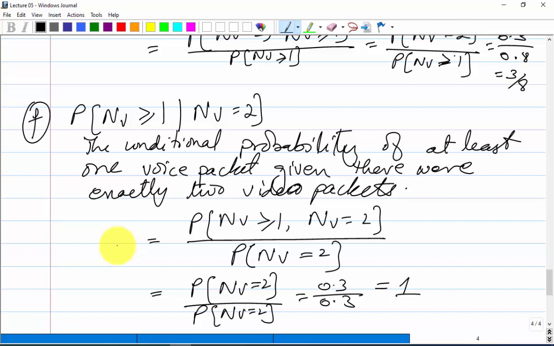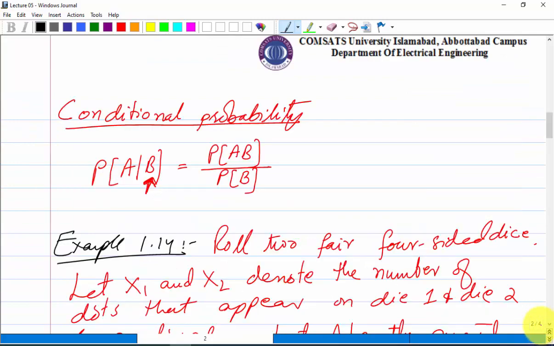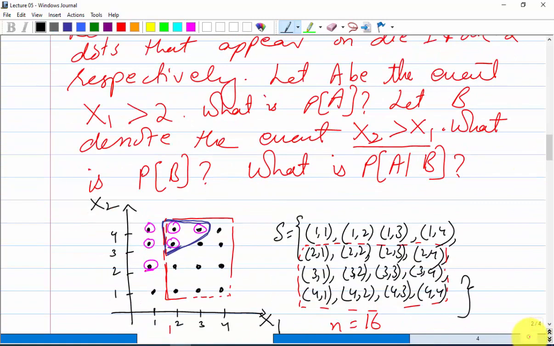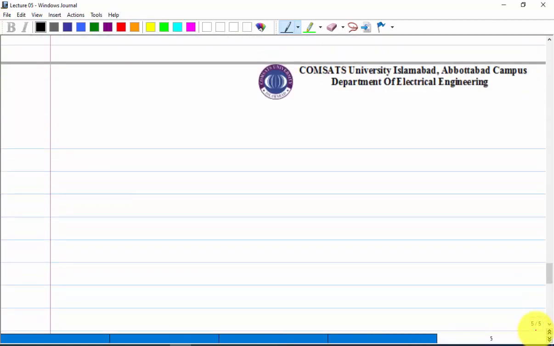The next topic we will not start, but I will just give a brief introduction so that you can read about it. This is partitions and the law of total probability.